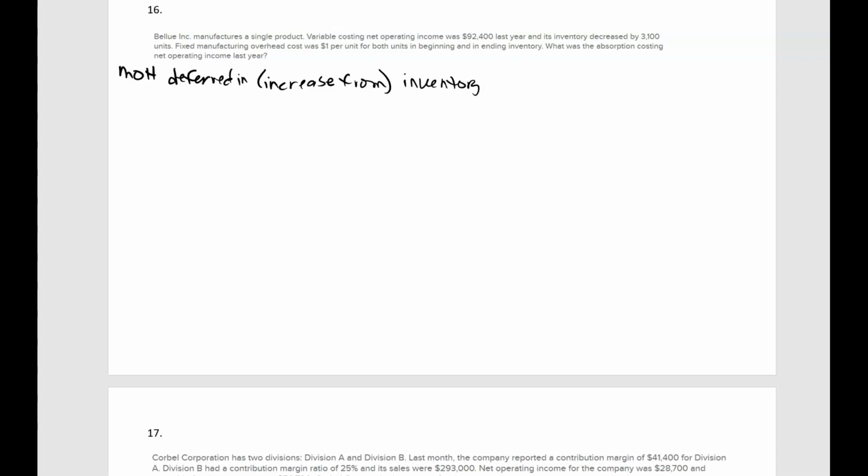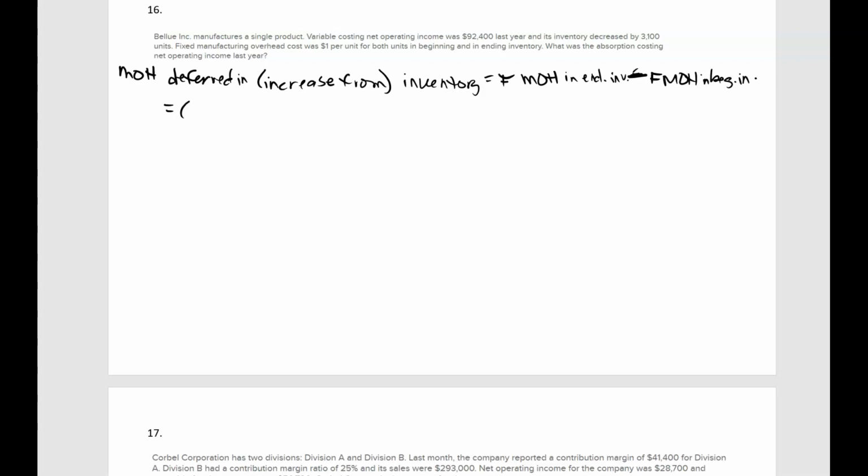We're given here that this is a single product, that the variable costing net operating income is $92,400, and its inventory decreased by 3,100 units. Fixed overhead is $1 per unit. So this is fixed manufacturing overhead in ending inventory, minus fixed manufacturing overhead in beginning inventory.